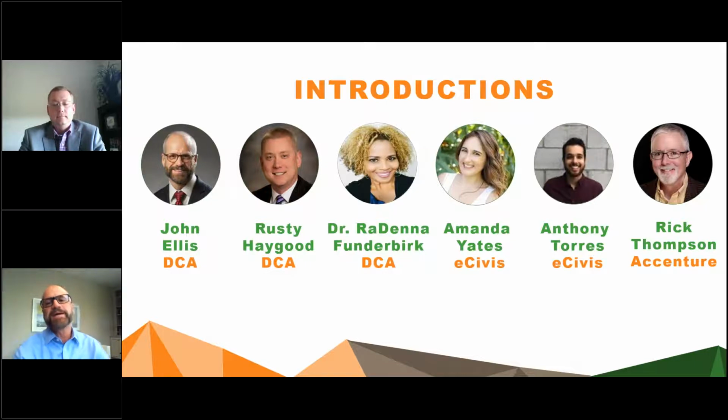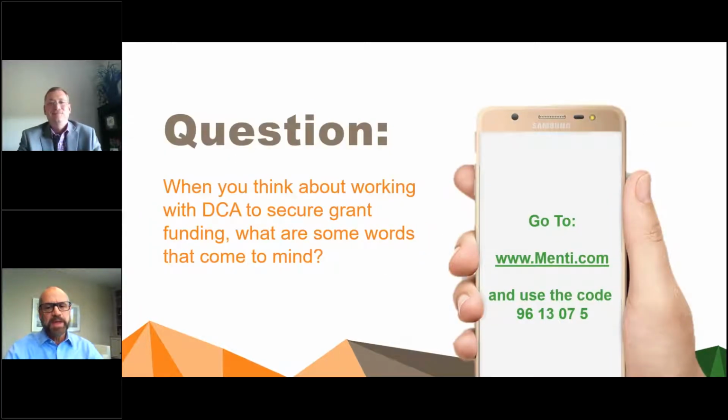So before we dive into the presentation, we want to get a little feedback from each of you by taking a quick poll. You can either use your phone or your desktop or laptop computer, and go to www.menti.com.